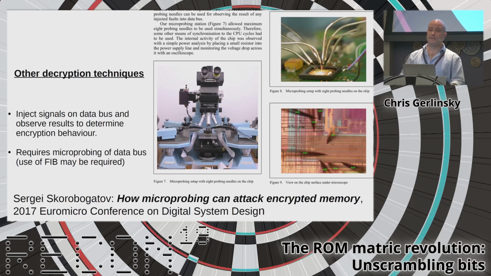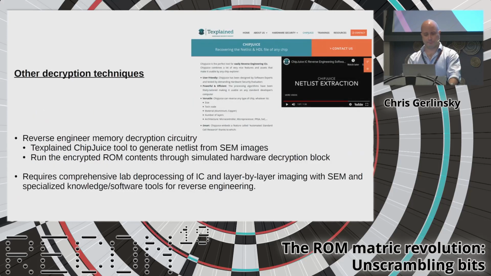So they would flip bits inside of ROM, and then they would see the results in the decryption, and they were able to use this to reverse the mapping tables. Essentially, it was an S-box on this chip, but it's a nice sort of attack. This does require actually microprobing of the data bus on the chip that they use. They were able to connect directly with needles. You might need a focused ion beam or something if you're on a smaller technology chip.